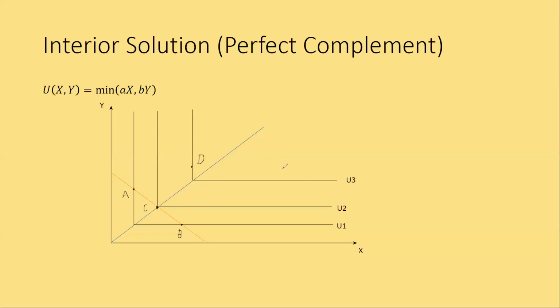By making such arguments on the graph, we can see the condition for finding the optimal bundle, or the optimal consumption point. What is special about point C is that it is where our blue line intersects with our indifference curves.